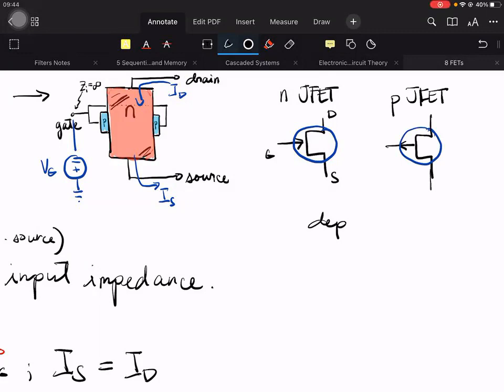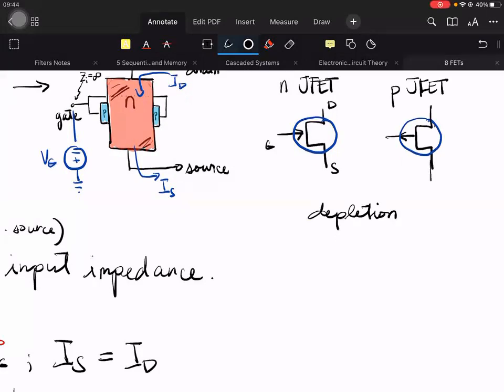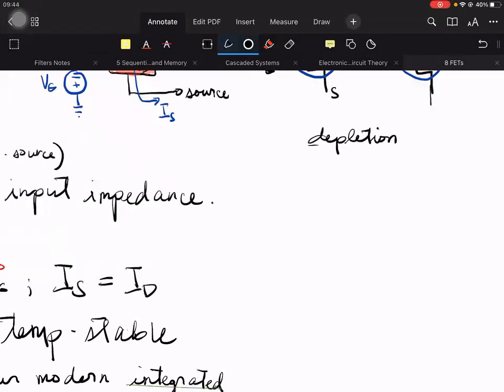So in the MOSFET, we have the depletion type MOSFET, and the enhancement type MOSFET.